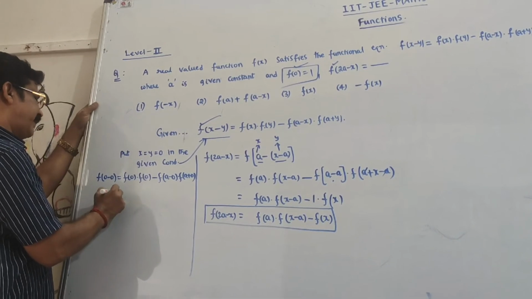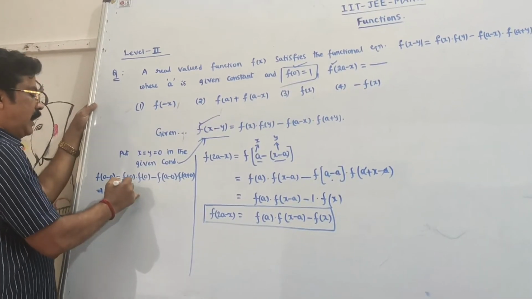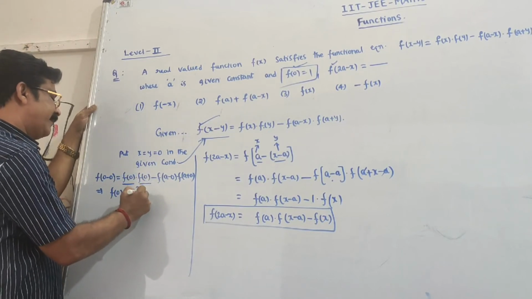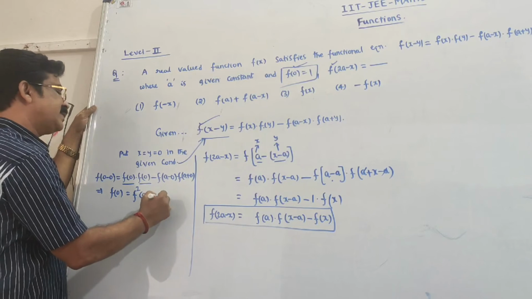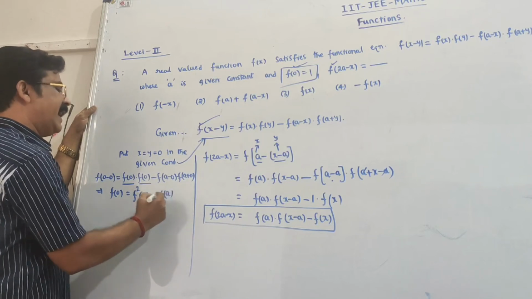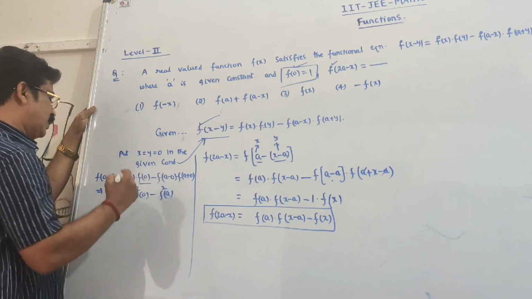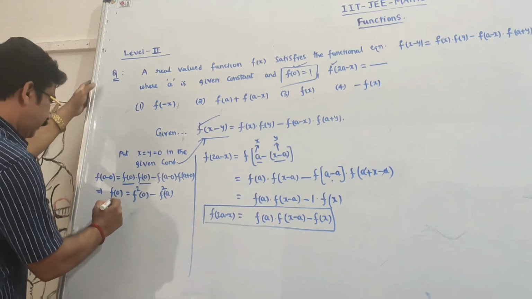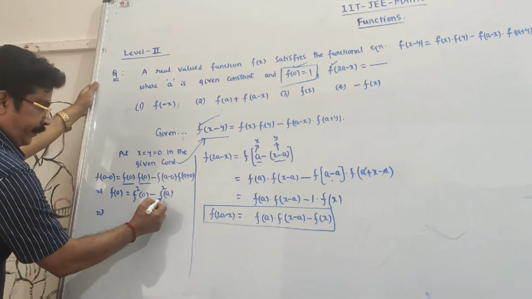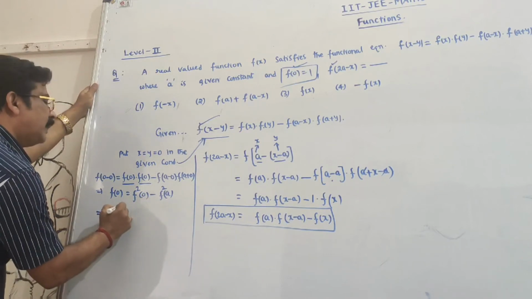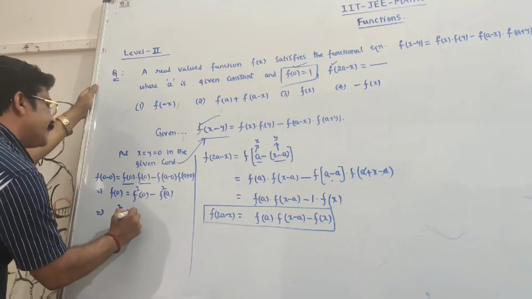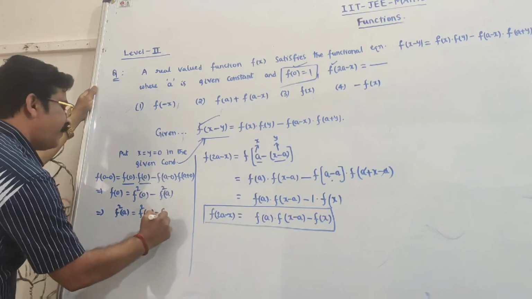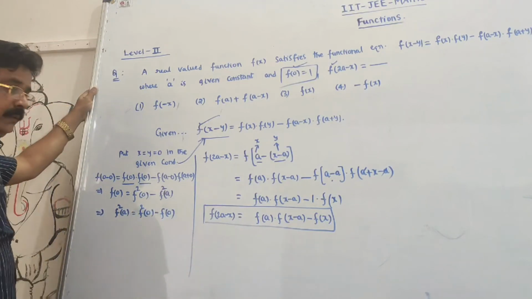So it becomes f of 0 equal to f of 0 whole square minus f of a into f of a, that means f square a. So f square a is equal to f square 0 minus f of 0.